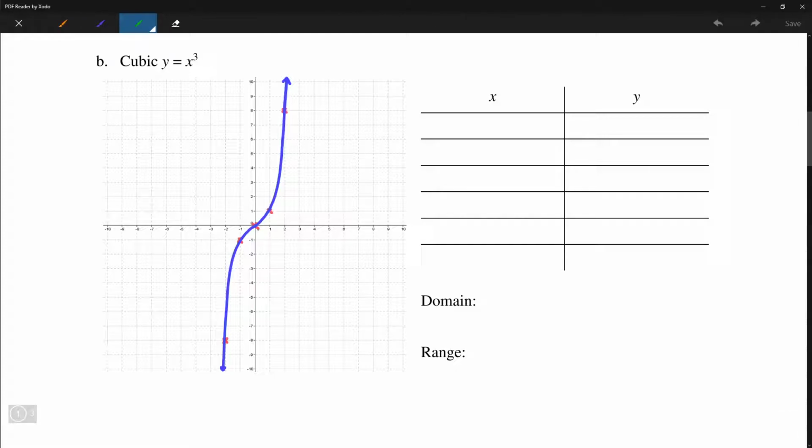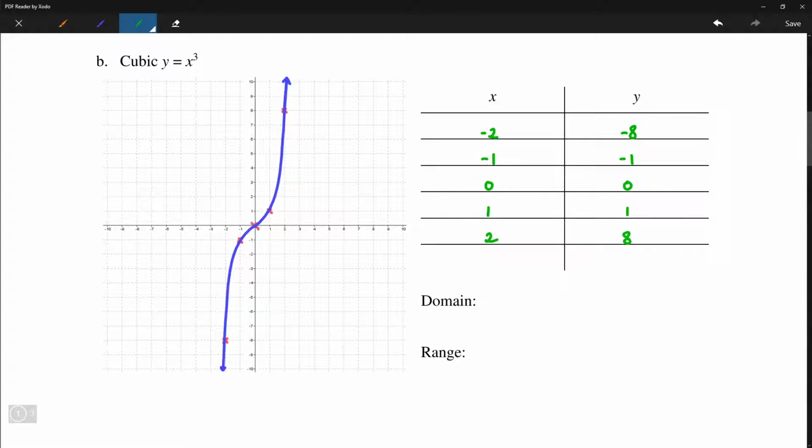Again, we set up some x values here, -2, -1, 0, 1, and 2. We have to take -2 cubed, which will give us -8. -1 cubed is -1. 0 cubed is 0. 1 cubed is 1. And finally, 2 cubed is 8.